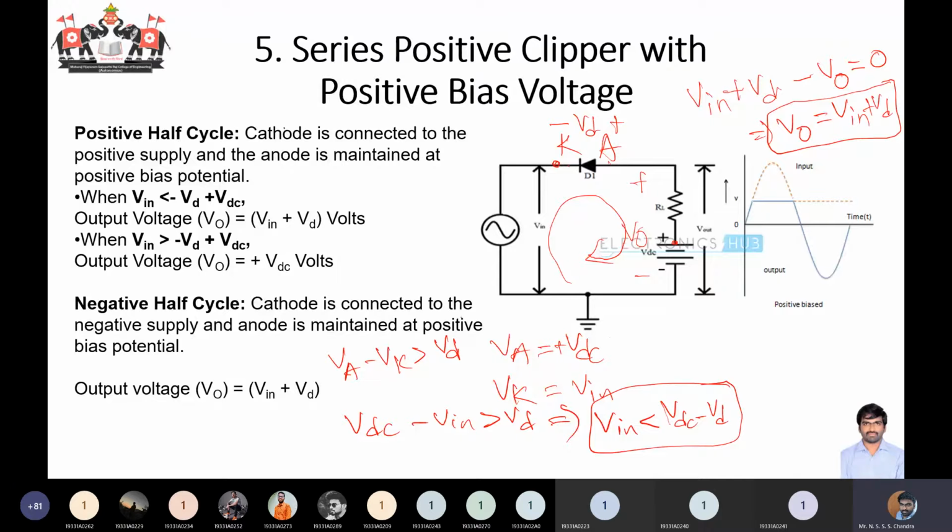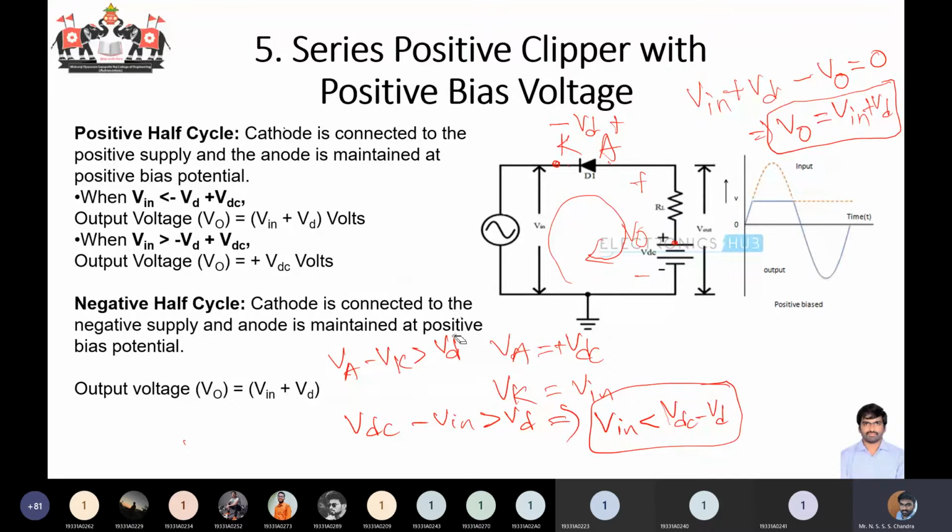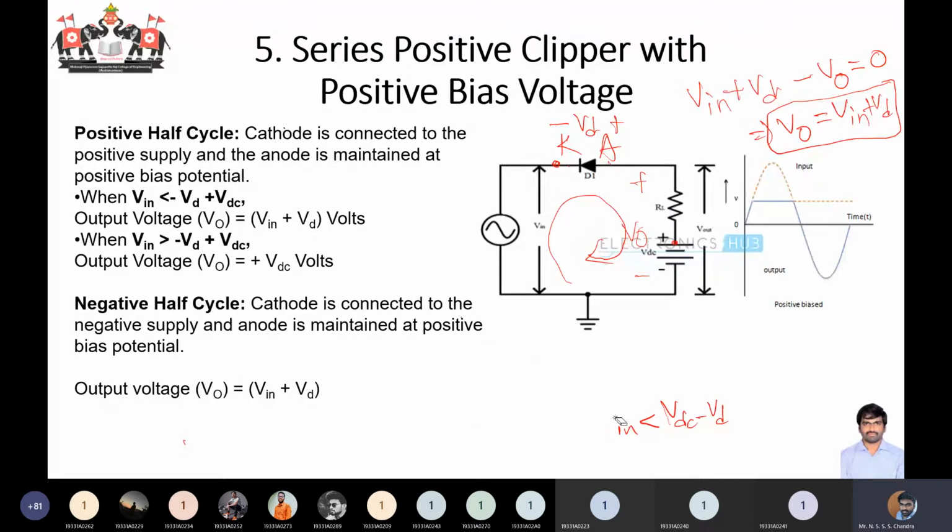So if your diode is not conducting, your circuit becomes like this.